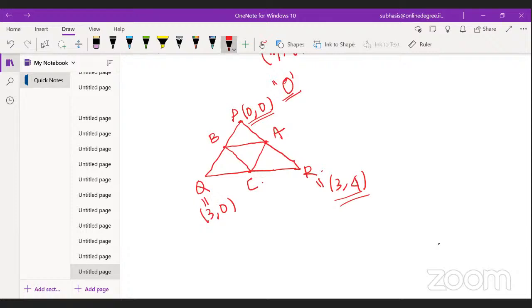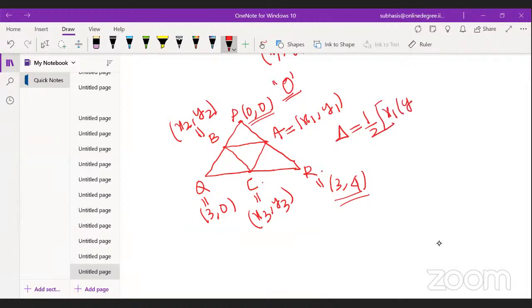Whatever you are saying is correct. Your idea is correct. You have to find the midpoints of PR and QR, and then you will get a triangle. After that, just use that formula. Take these to be x1, y1, x2, y2, x3, y3.